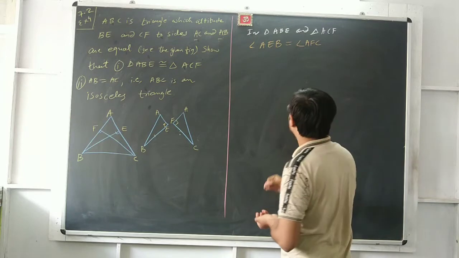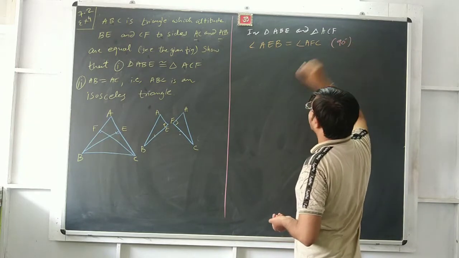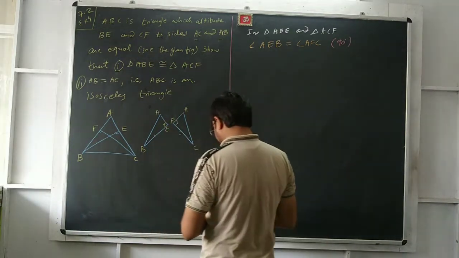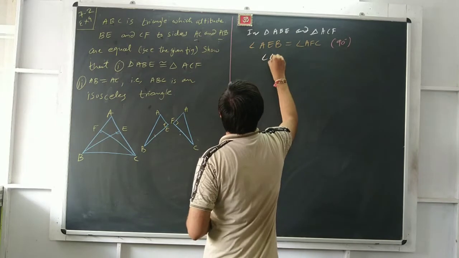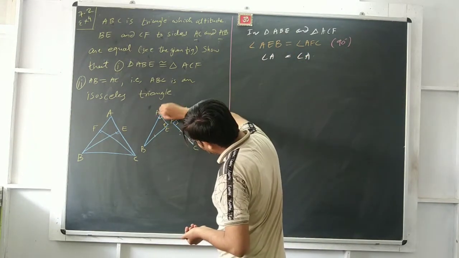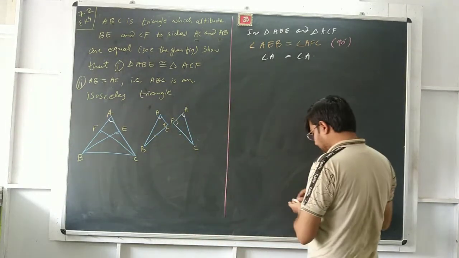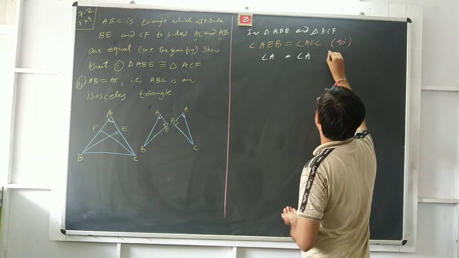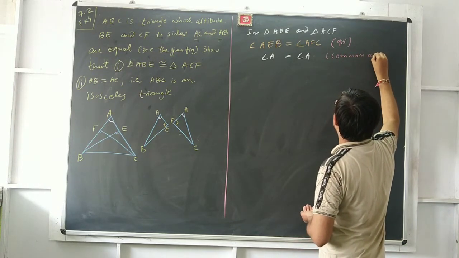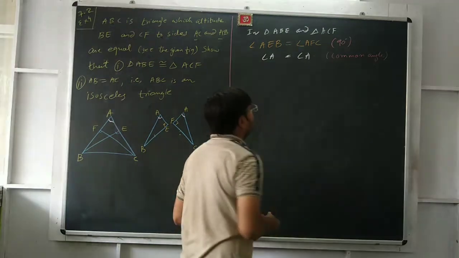This is the 90 degree altitude. Also, I can write that angle A is equal to angle A. This is the common angle. Now, what is the last one?